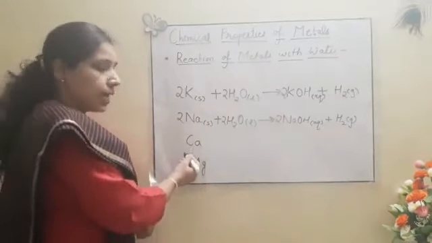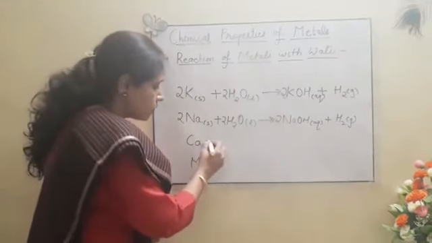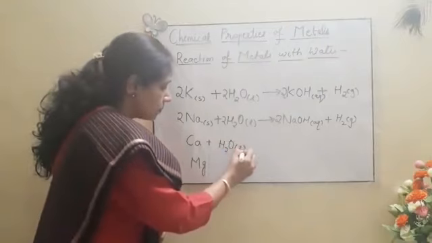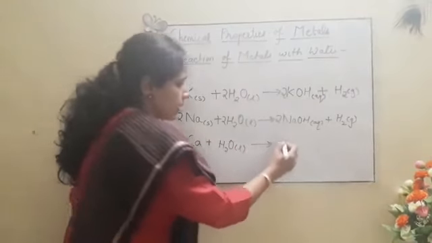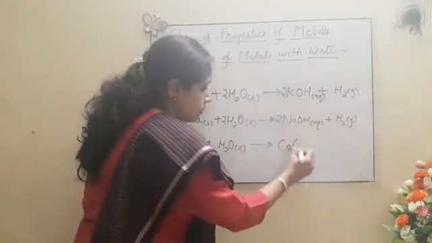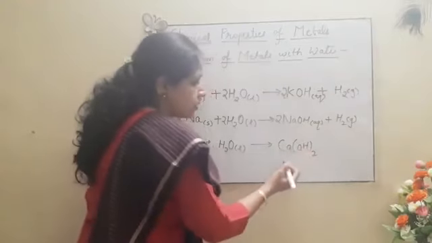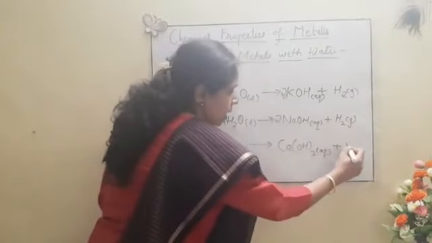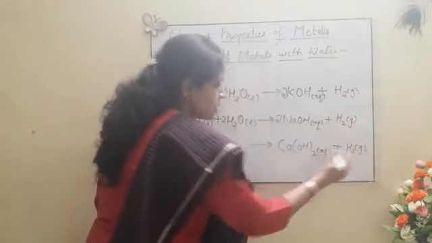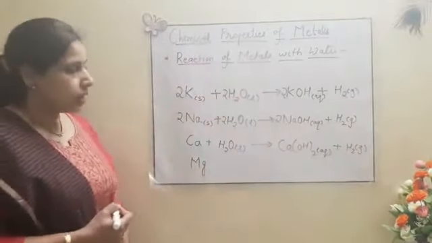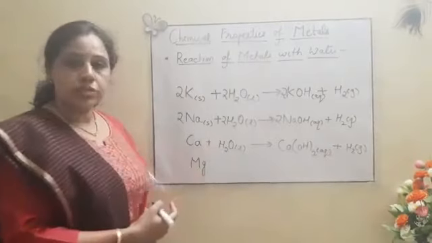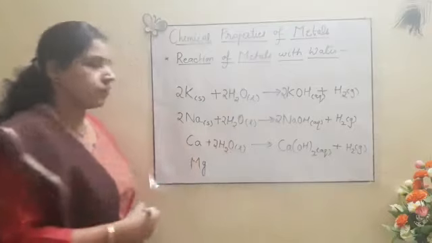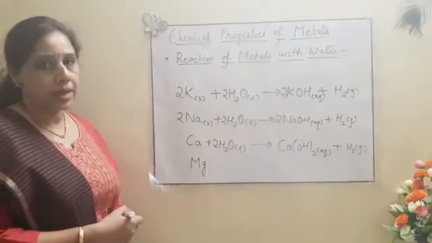Now coming to calcium. Calcium will also react with cold water to form its hydroxide, calcium hydroxide, Ca(OH)2, in aqueous form, and hydrogen in gaseous state will be released. Now in order to balance this equation, we will have to write 2 here and the equation will be balanced.